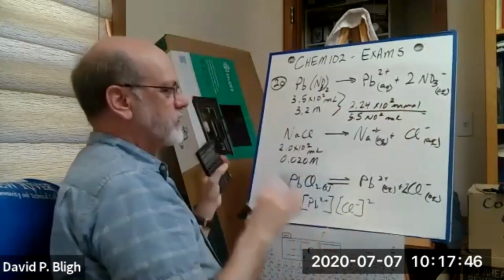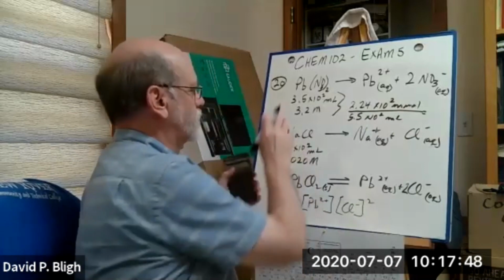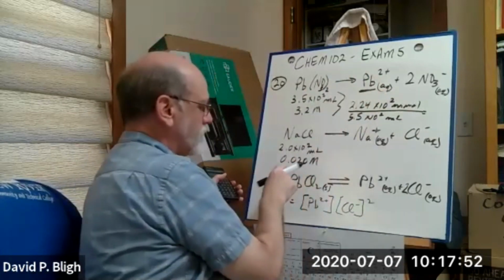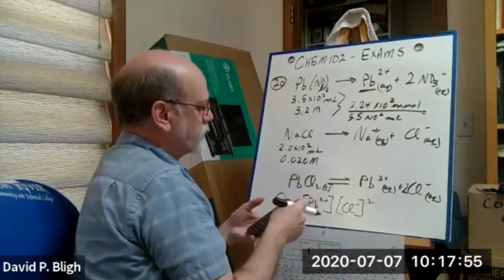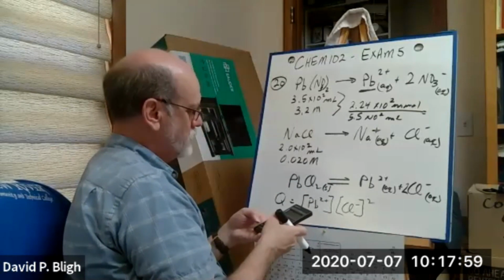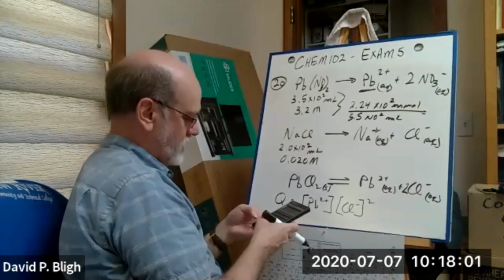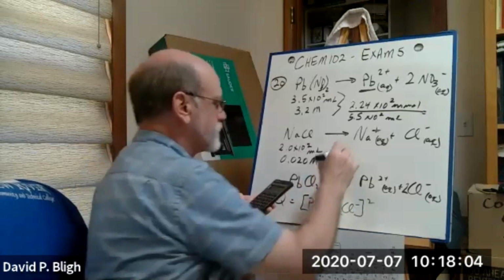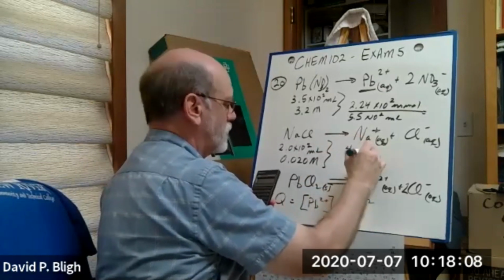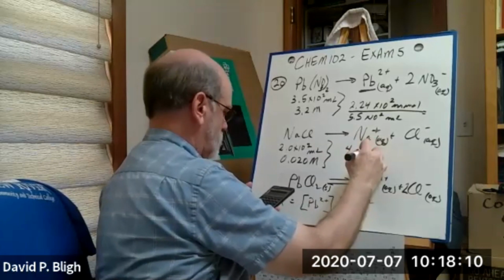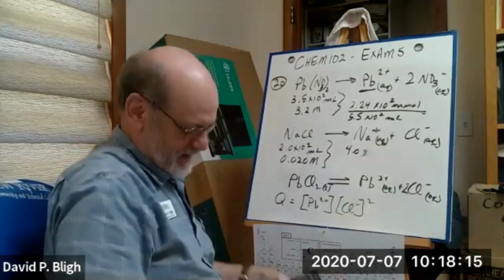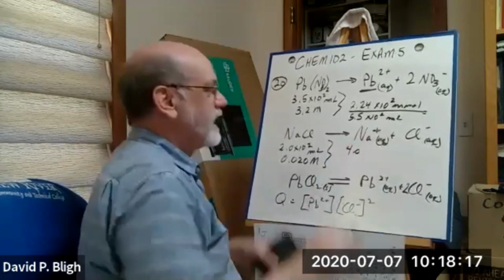Right. So there's your concentration for lead 2 plus. For sodium, we have 0.02 times 2 times 10 squared, and then 0.02. So this gives us 4 times nothing. It's just 4. And it's in the same volume.